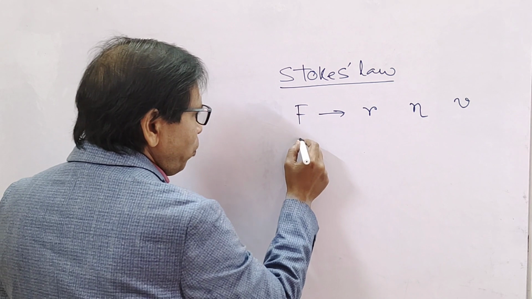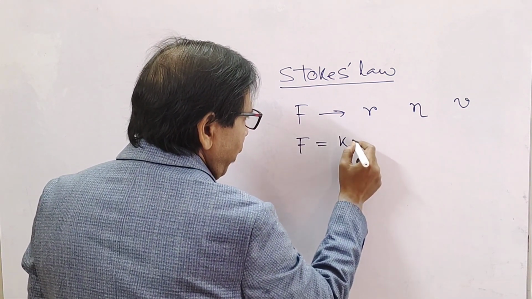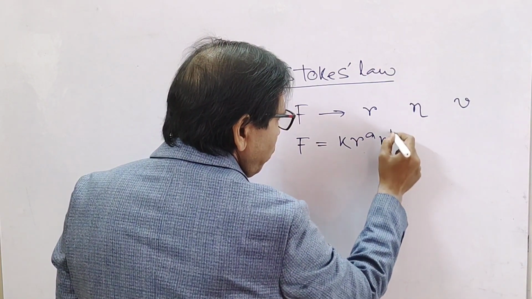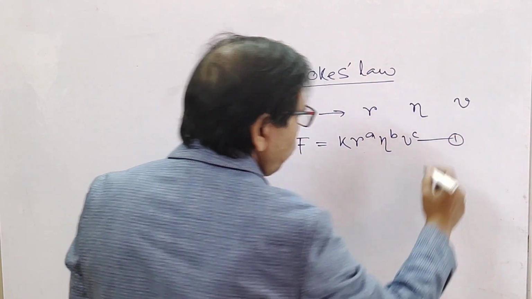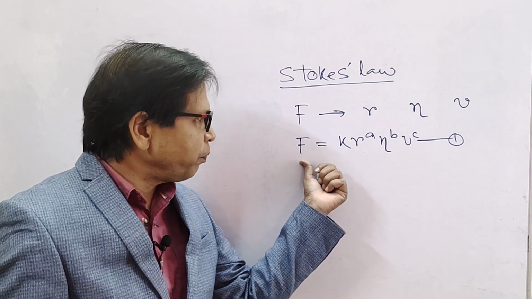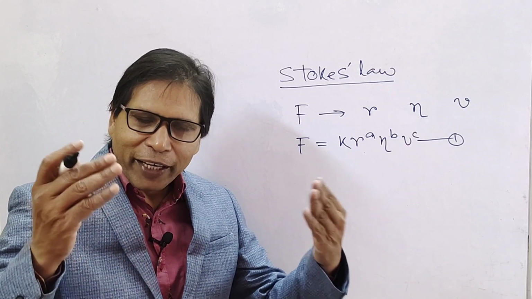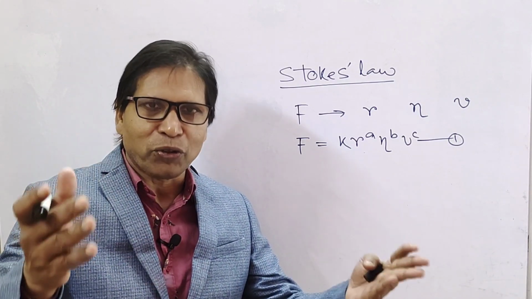So with the help of dimensional analysis, F can be written as F equals K r to the power a, eta to the power b and v to the power c. This is equation number 1. Now, putting the dimensions of F, r, eta and v, we can calculate a, b, c and finally get Stokes law.